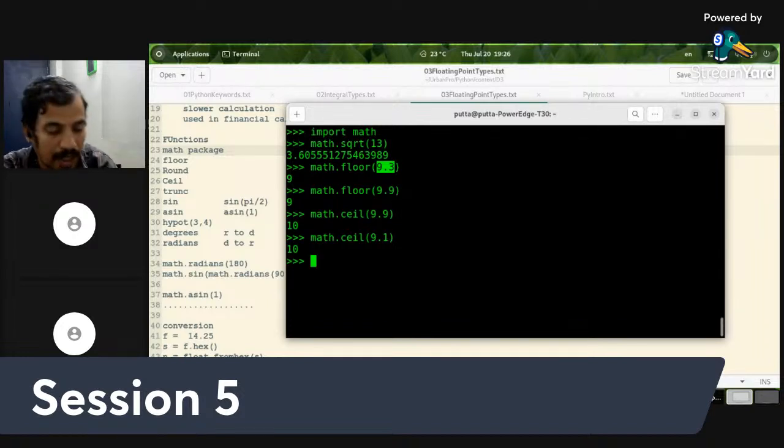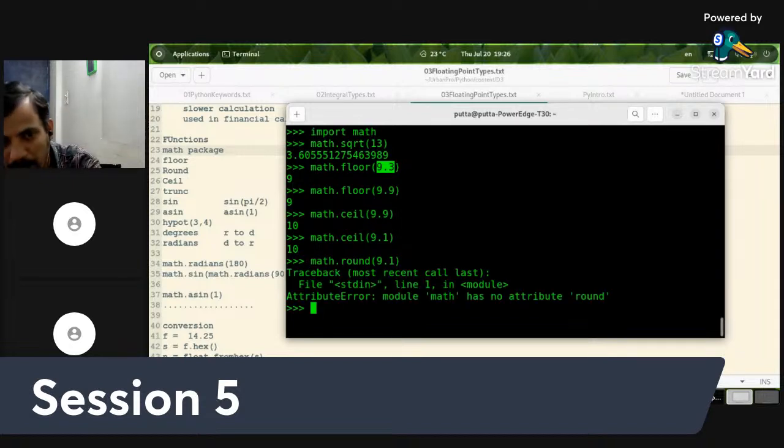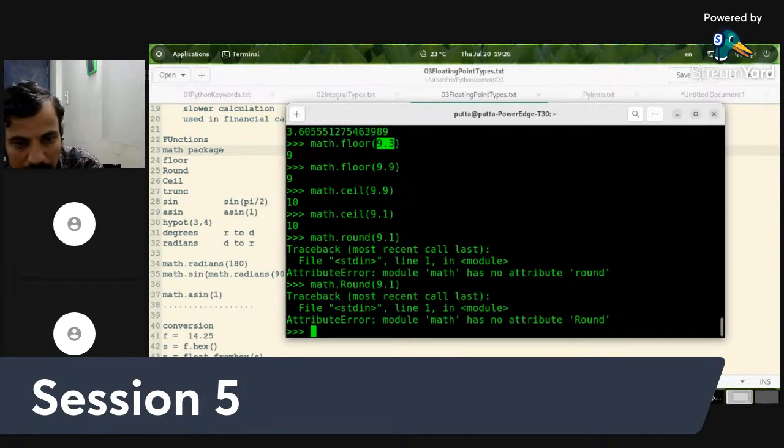Okay, and we also have an approximate function called round. Math.round of 9.1. Tell me what result you are getting. 9. I think it's capital round or no, round is not there. One minute. Math has no attribute round.